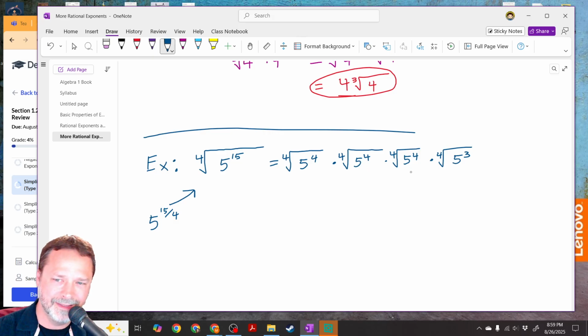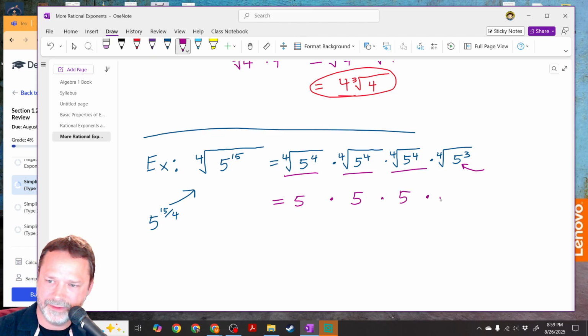Whew. Now there's a reason I'm doing this, so hang with me. The 4th root of 5 to the 4th: how many of those did I get? I got 3. I could do that 3 times. But then I had 3 5s left over. So what do we get? We get 5 times 5 times 5 times the 4th root of 5 cubed.